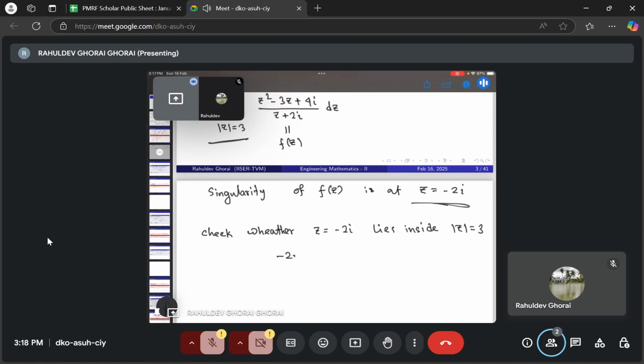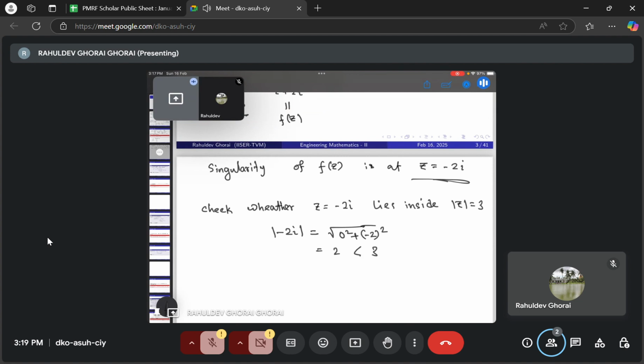For minus 2i, we take the modulus, that is nothing but the square root of 0 square plus minus 2 whole square, that is nothing but 2, right? So that is less than or equal to 3. So minus 2i lies inside the set of z belonging to C such that mod z is less than or equal to 3.